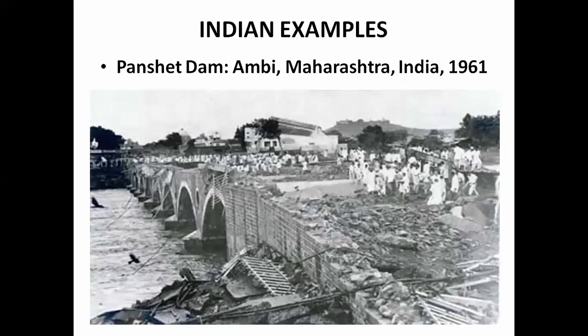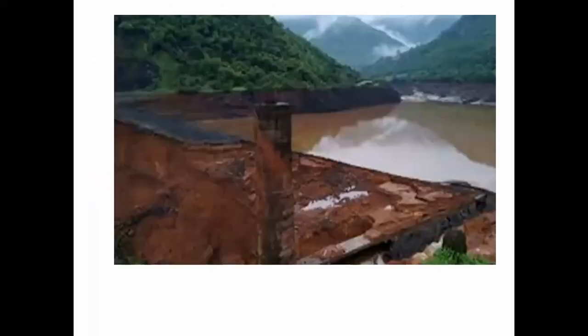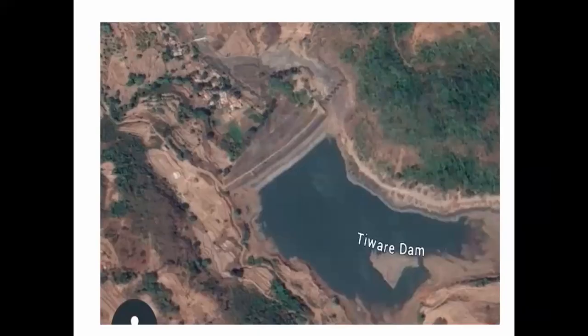For an Indian example, the Panchet Dam in the Pune district burst in 1961 due to the unsuitability of that site. Another example is the Khadakwasla Dam, which also broke, also in the Pune district. And a recent example, one small dam which broke 5 to 6 years ago in the Konkan, and the name of that dam is the Tevre Dam. This dam broke recently.